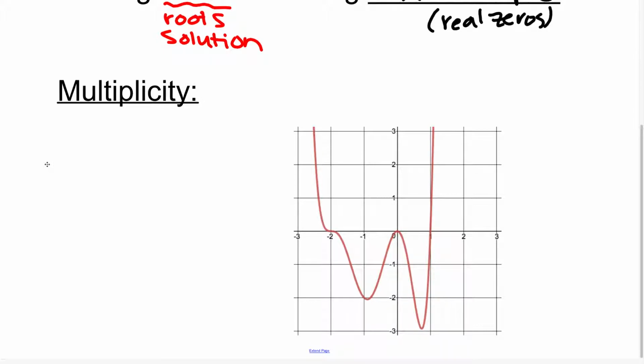Okay, I mentioned this real quickly early on in the chapter, but not enough to make it stick. So here's where we say a few things about multiplicity that we all agree to. Multiplicity means the number of times a zero repeats.